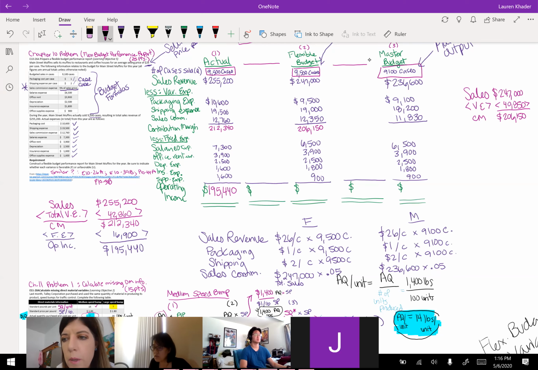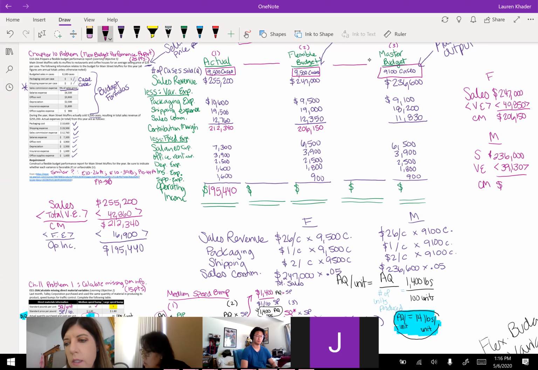For the master budget, the variable expense is 39,130. Yep. And we're subtracting the variable expenses from 236 in sales expected to get your contribution margin of 197,470. I'm going slow through these because if you make a mistake in the calculation of any of these columns, then it impacts several of your answers.